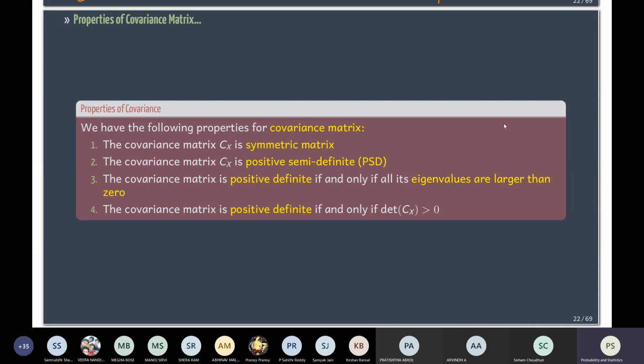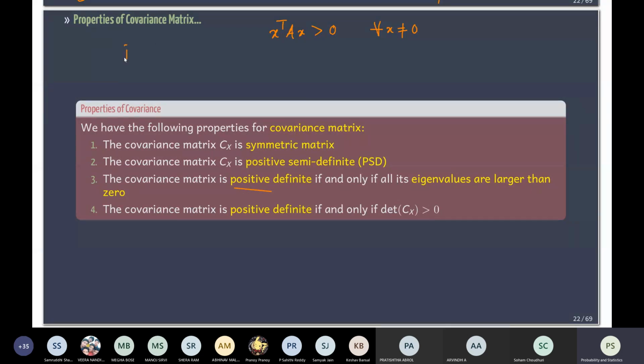Then the third and fourth property we have is that eigenvalues are larger than 0. If a matrix is positive definite, and here we are talking about strict positive definiteness, then x transpose AX is greater than 0 for all x not equal to 0. This is the definition of positive definiteness.